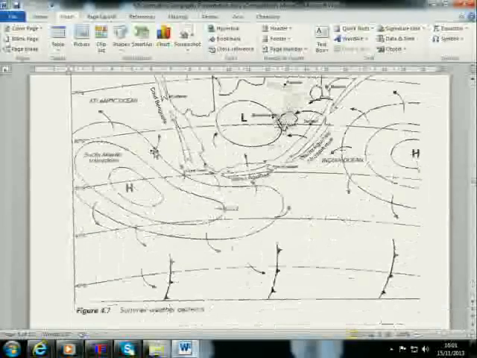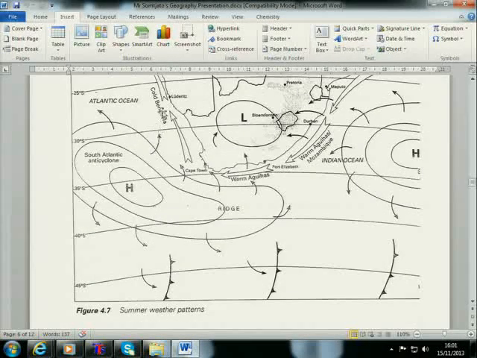Look at this diagram. Do you see we have another synoptic map here? We see the land, just like before. This is the land of South Africa. Look where the cold front is.